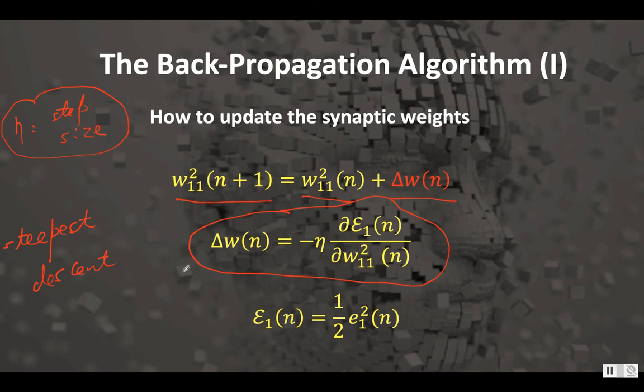So delta W(n) equals minus eta multiplied by the derivative of the cost function with respect to W211. The cost function equals one half multiplied by E1 squared at n. This one means a square, not a superscript indicating which layer; it is just the square.